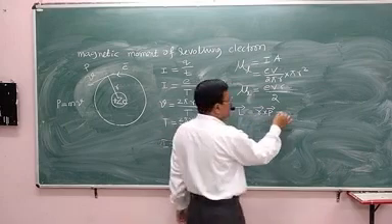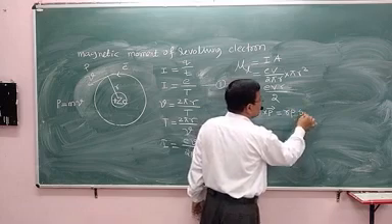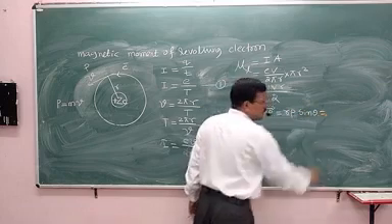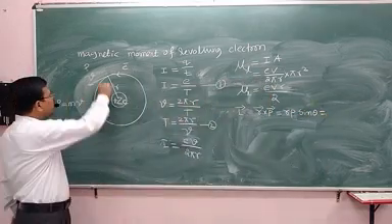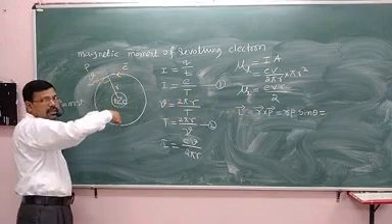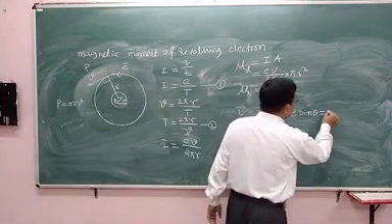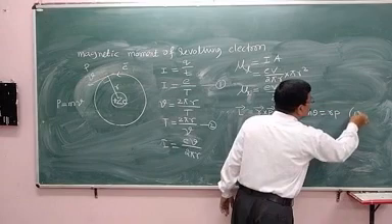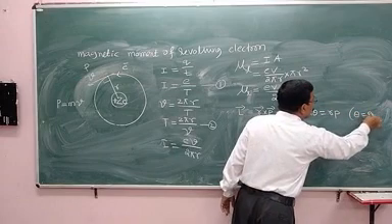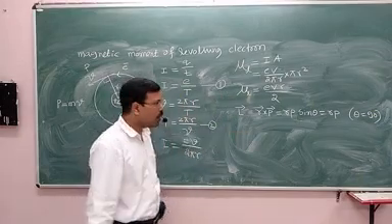Cross product of two vectors: C is equal to AB sin theta, or r p sin theta. Here theta is 90 degrees. The angle between linear momentum and radius is 90 degrees. So sin 90 is 1. Therefore L is equal to r p.